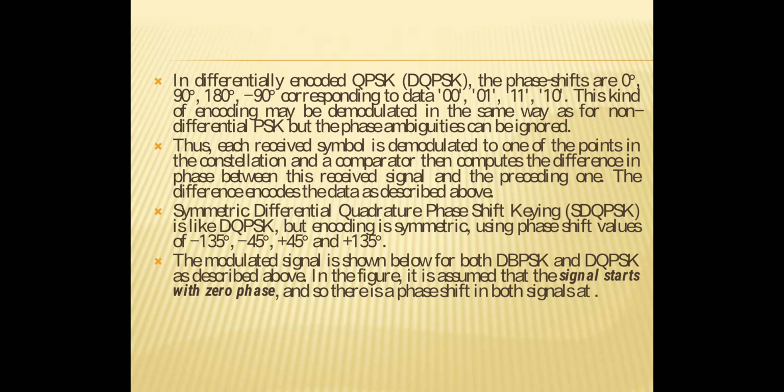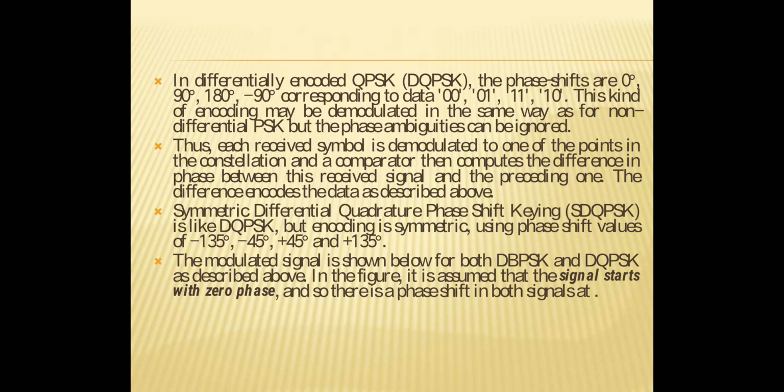Thus, each received symbol is demodulated to one of the points in the constellation, and a comparator then computes the difference in phase between the received signal and the preceding one. The difference encodes the data as described above.